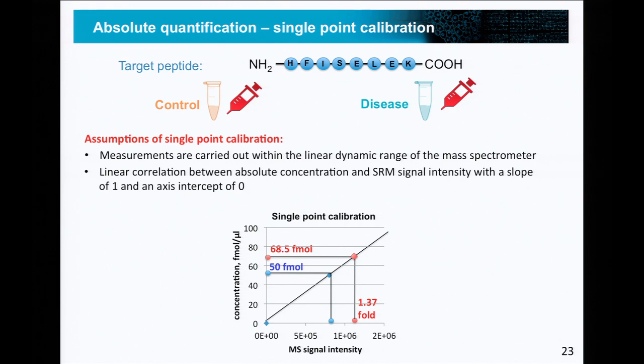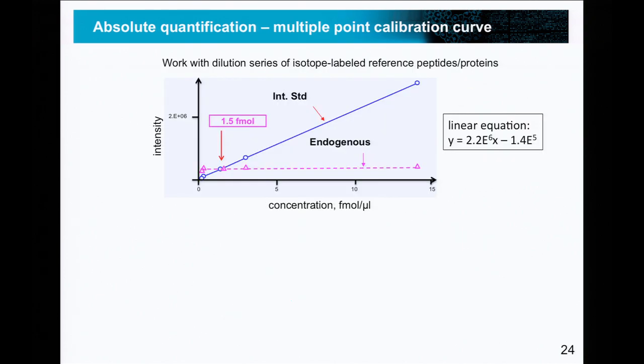So an even more accurate way to do absolute quantification is to not rely on this single point analysis, but to perform a multiple point calibration curve. And what you do here is you simply spike your internal standard, so your reference, into your endogenous analyte samples at various concentrations, not just at one point. Your endogenous will always stay constant, that's the background, and the heavy reference you spike in at various concentrations.